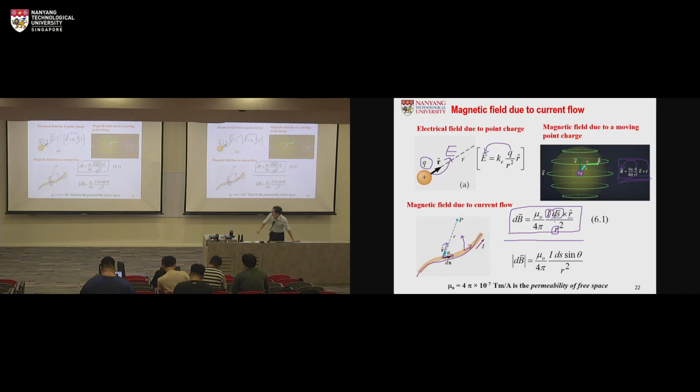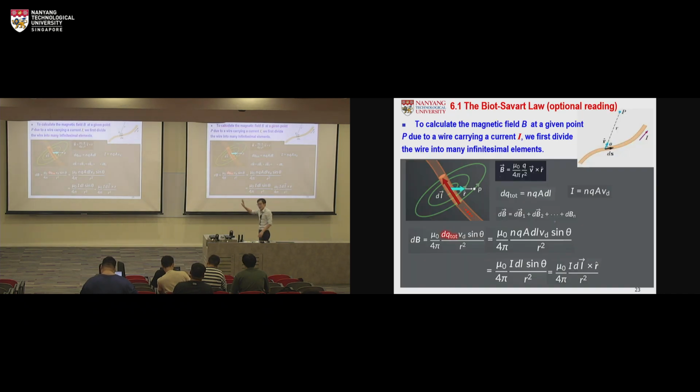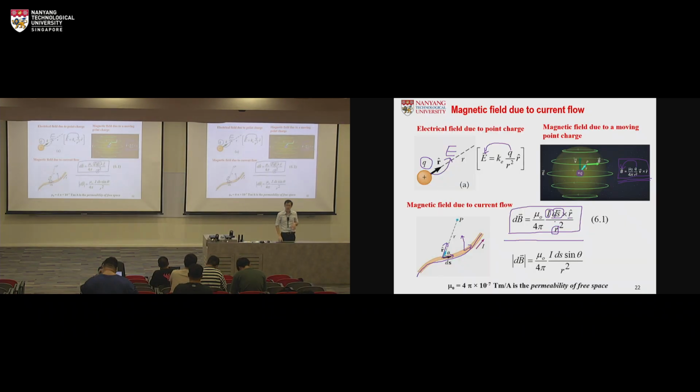Of course, these two slides are here again just to give you the logic chain. The details you can just ignore. So the key idea is we start from a single moving charge to a tiny section of current flow, and from this tiny section of wire to any kind of finite size wire.